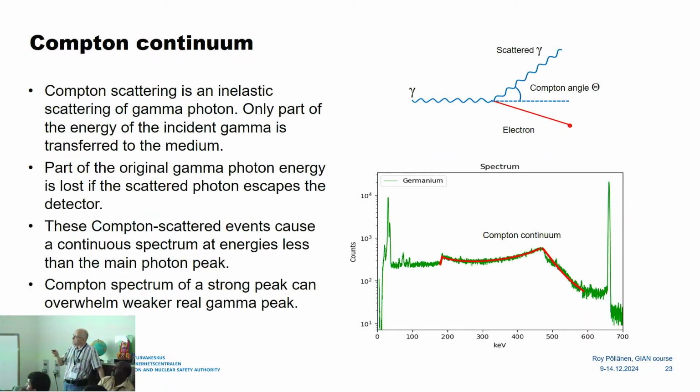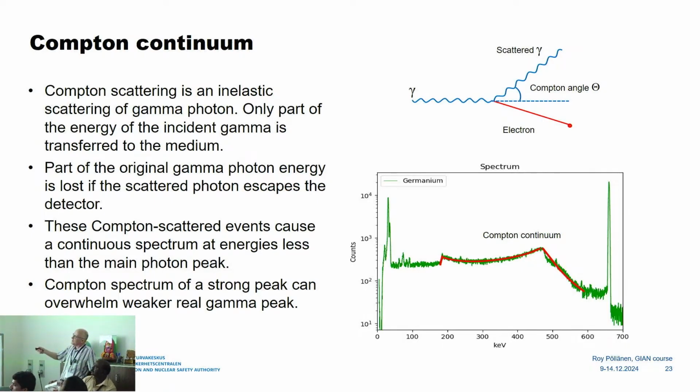So, the Compton continuum. It's this area of the spectrum. I repeat this because there might be some questions in the examination, I don't know. It's an inelastic scattering of a gamma photon.